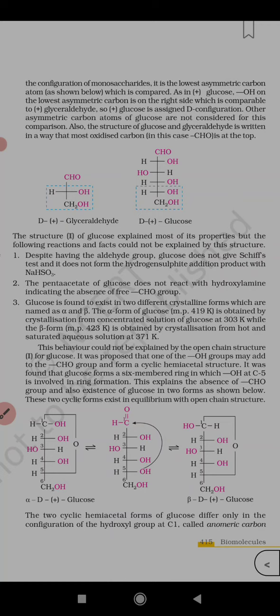The fifth carbon from the bottom, like 1 2 3 4 5, or we can take it as the second carbon from the top, is involved in ring formation. This explains the absence of the CHO group and also the existence of glucose in two forms, as shown below.